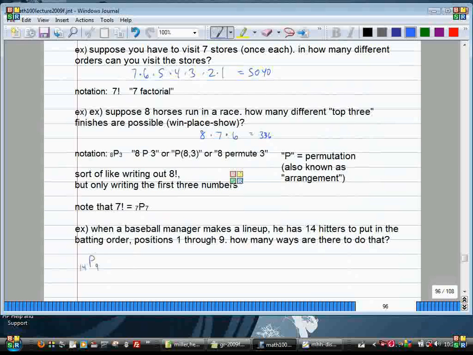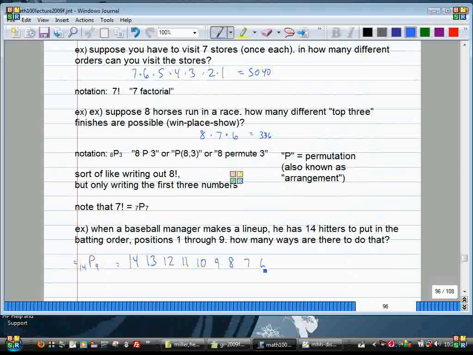Notice that we're almost done. The only thing you need to do now is arithmetic. So 14P9 equals what in arithmetic? Tell me when to stop.